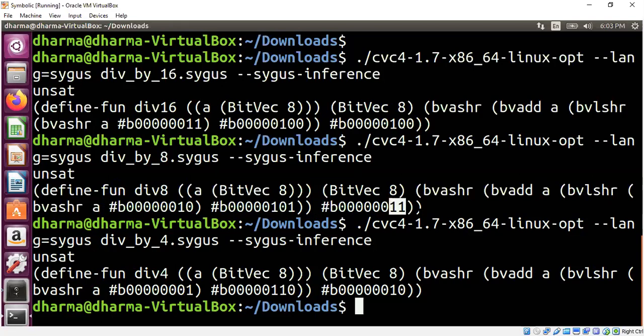So this is getting there, right? If you wanted to divide by 16, you can see that it is doing the right shift by 4. So it's basically the 2 power of that number. This is 2, this is 3, and this is 4.